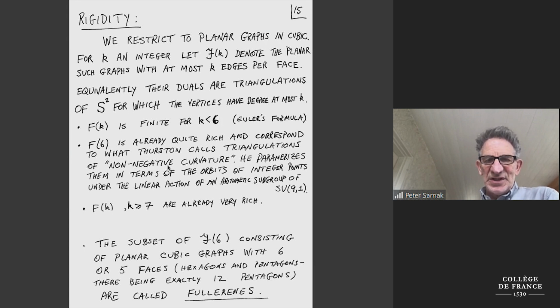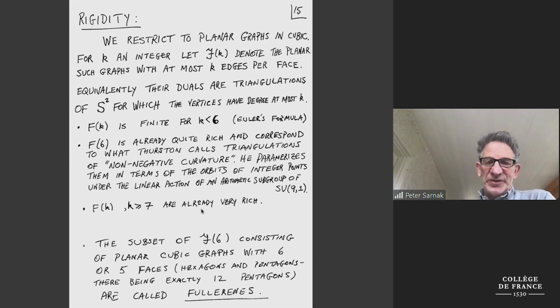He calls these triangulations of non-negative curvature, and he actually parameterizes them in terms of orbits of integer points under a linear action of an arithmetic subgroup of SU(9,1). Of course, he didn't point out it's arithmetic. That was not quite his. He gave a discrete subgroup of SU(9,1), which parameterizes these F_6s.